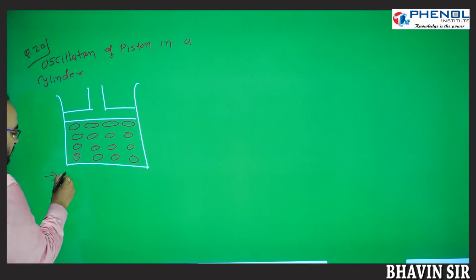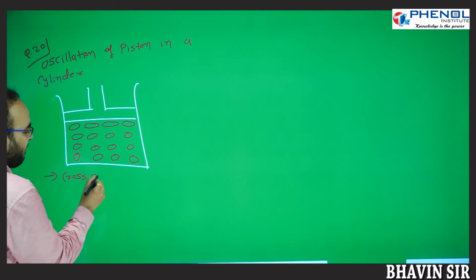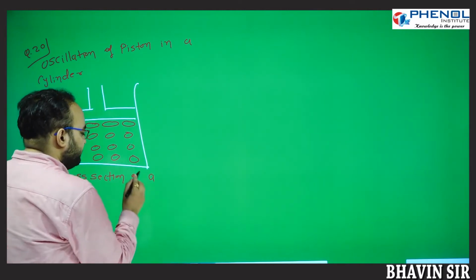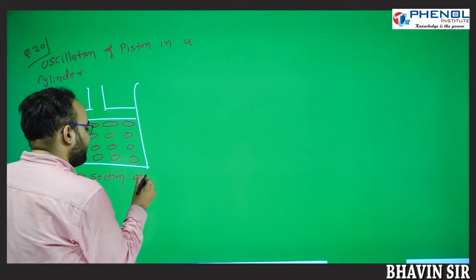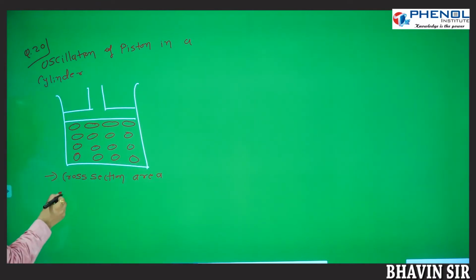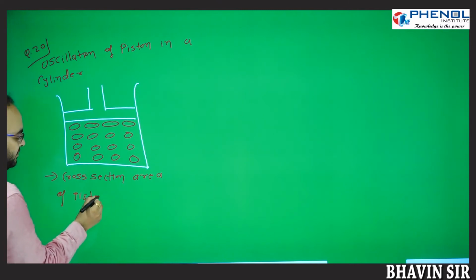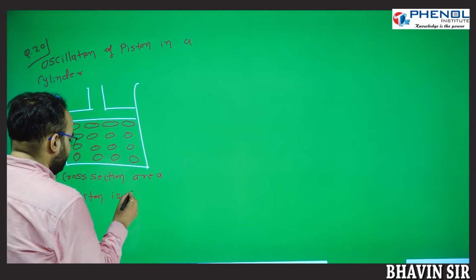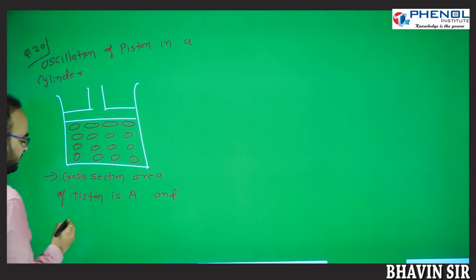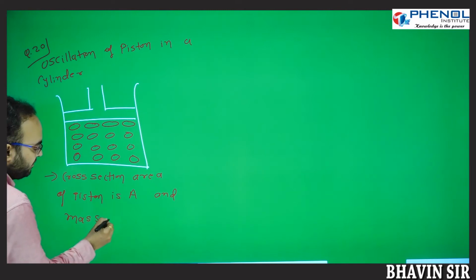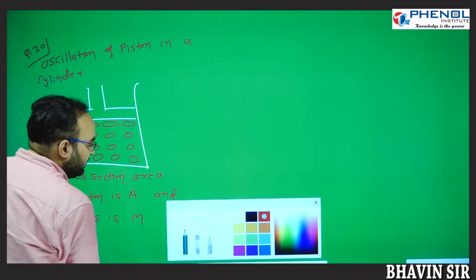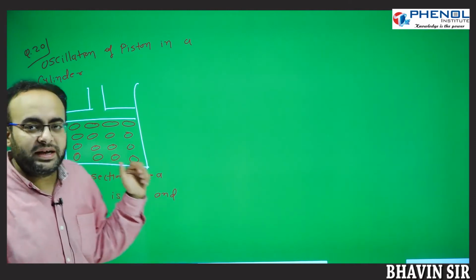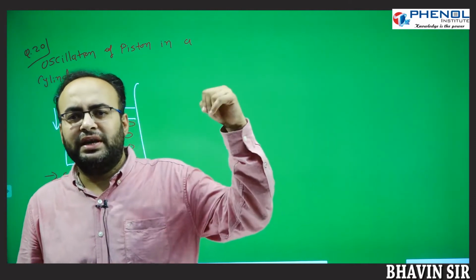What is the cross section area? Cross section area of piston. It is an airtight piston, students. Cross section area of piston is A and mass is M. Now students, this piston is moving slightly in a downward direction and then released.